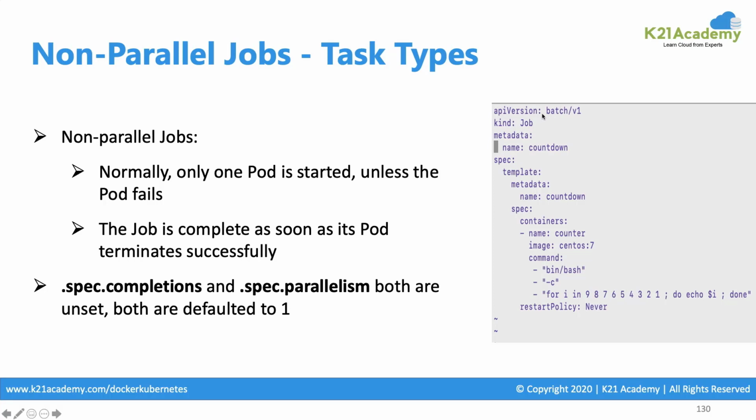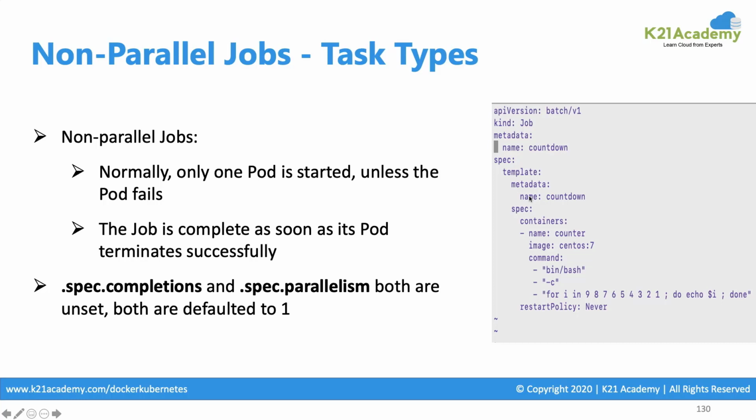Let's see how we define a kind Job. The API version in which the kind Job was introduced in Kubernetes, here the kind is mentioned as Job. In case of cron job, it was CronJob, right? Here it is Job. Metadata has the name of the job, called countdown. In the specification section, the entire pod definition comes inside the template.